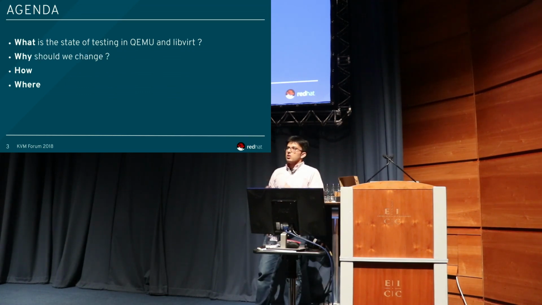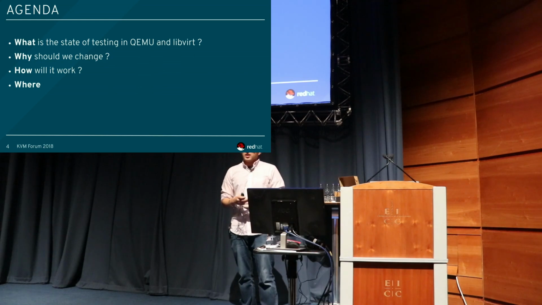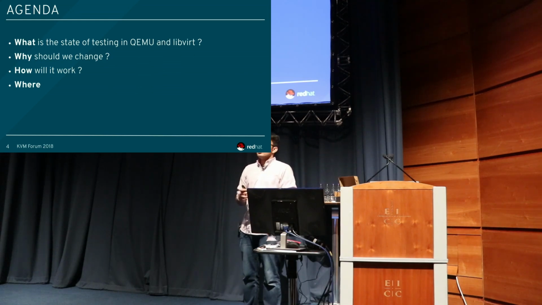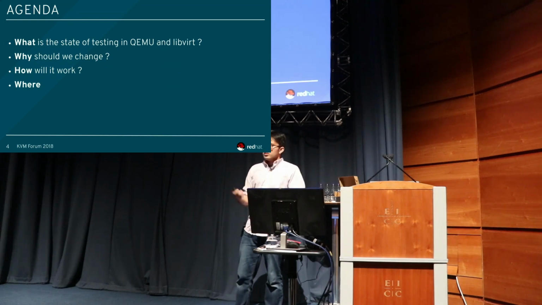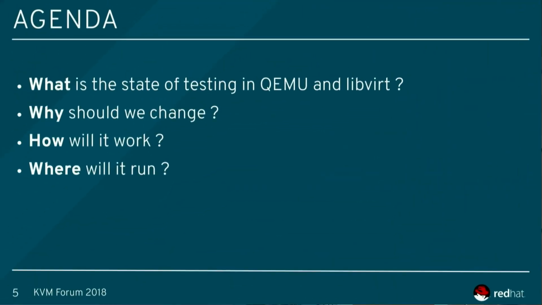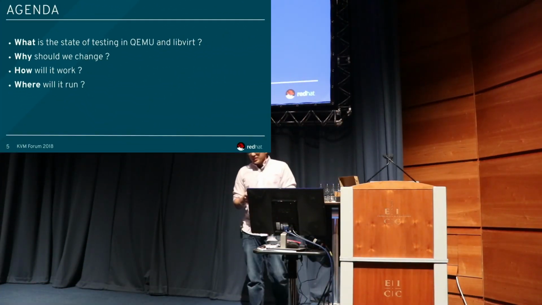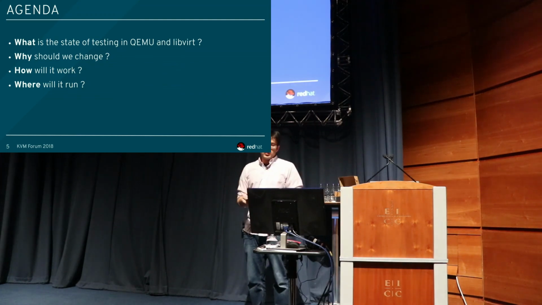Then I'm going to talk about why I think we should change, what is lacking in the state, so we should change. Then how will it work, the new CI or the new implementation, and where will it run? The last question is more of an open question because I don't have the right answer for it, but as we get to it, I think things will get more interesting.